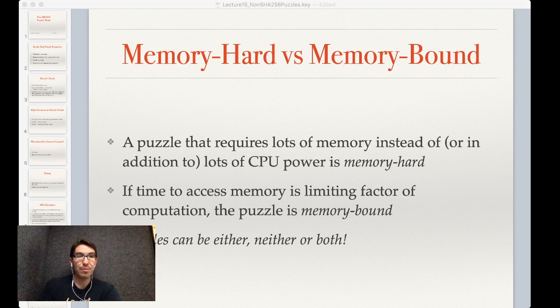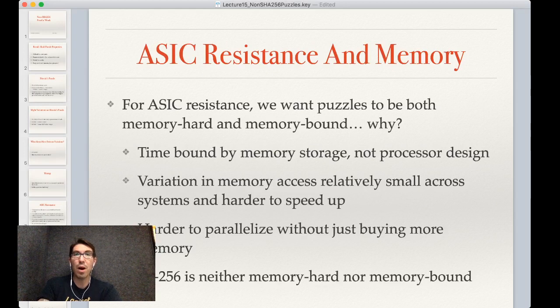You may have some systems, such as SHA-256, that are not memory hard nor memory bound. But ideally, if we're trying to be ASIC resistant, we want our puzzles to be memory hard and memory bound. Because the time is bound by the memory storage and not the processor design, that's the limiting factor.